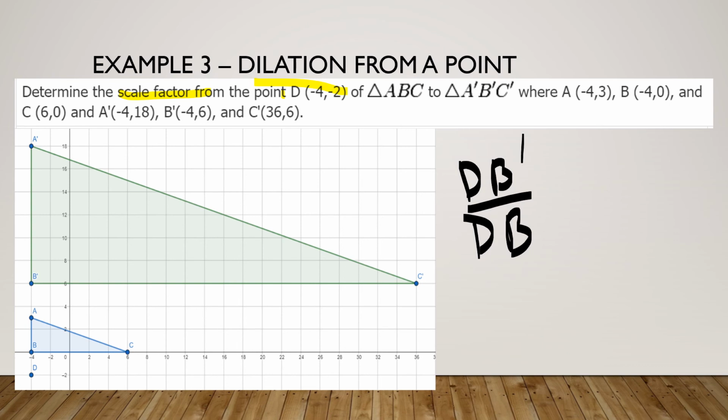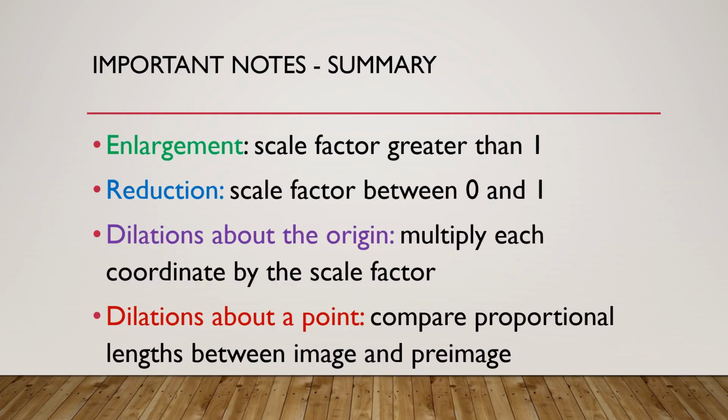D up to B prime is 1, 2, 3, 4 units. D to B is up 1 unit. So we'd have a scale factor of 4. Again, to find that scale factor, we just set it up as a proportion: how do you go from the point to the new image over that same point to the original image?